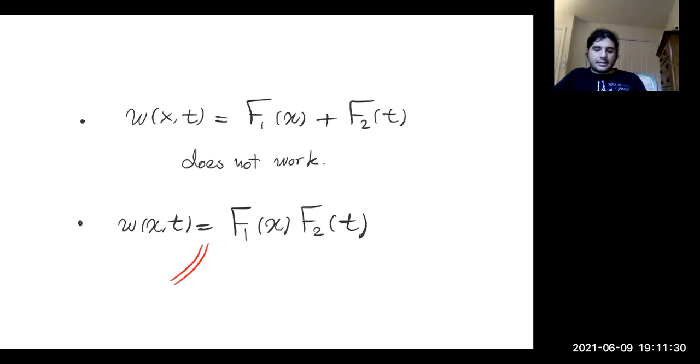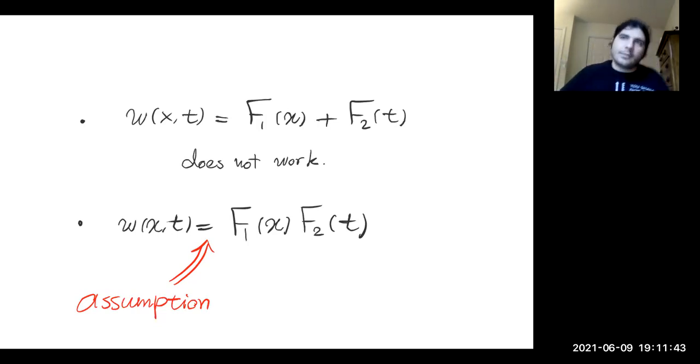Again, this is an assumption. We should see if this works or not. We still don't know. We should try to solve the equation. Either we can get to some solution or prove there is a solution, or we get to some sort of contradiction and we would say this does not work.